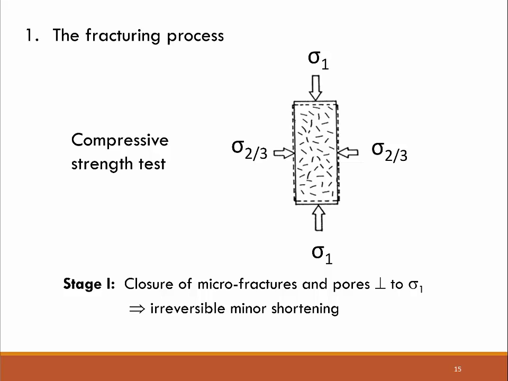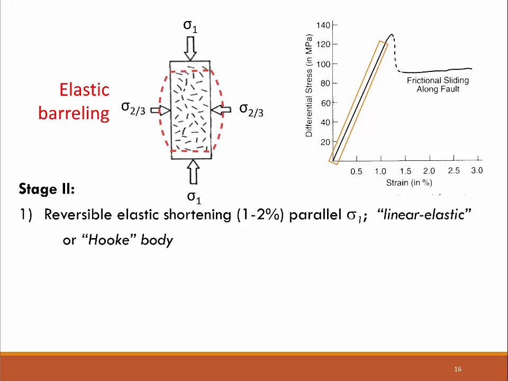And as soon as we increase sigma 1 a little bit further, we will start with the elastic field. We will start with the elastic shortening that is illustrated by the linear part of our deformation curve that we see highlighted here. So imagine your differential stress increases, while sigma 2 and sigma 3, our confining stress, remain constant. What will happen is the material will start to shorten vertically and it will expand laterally.